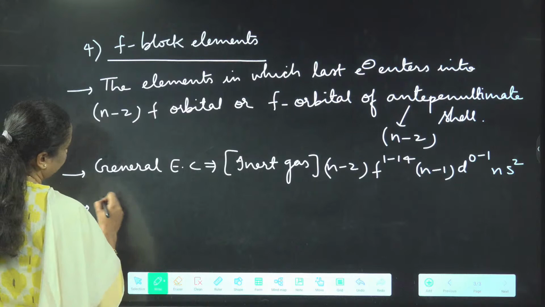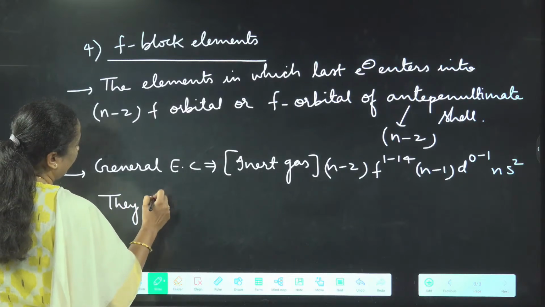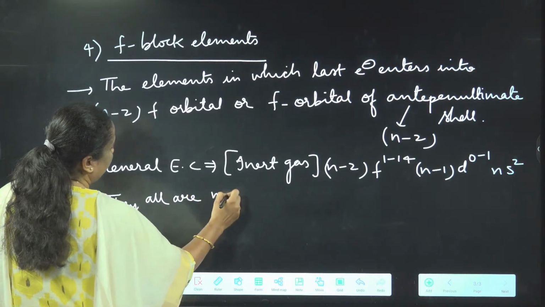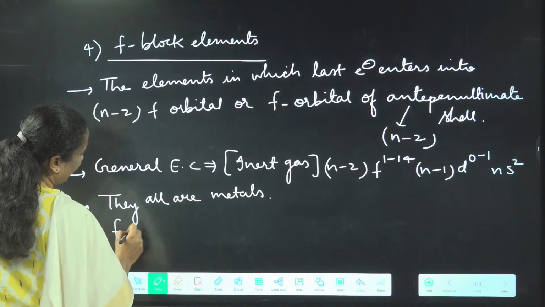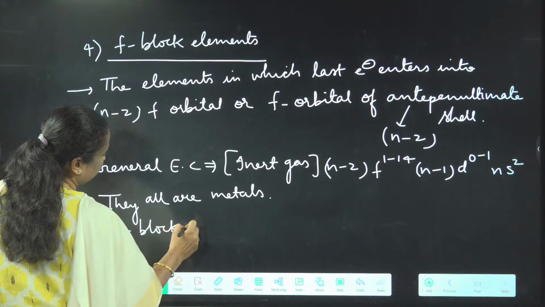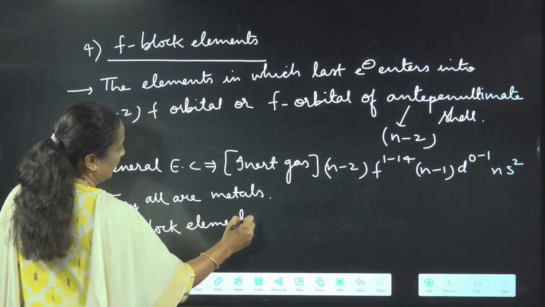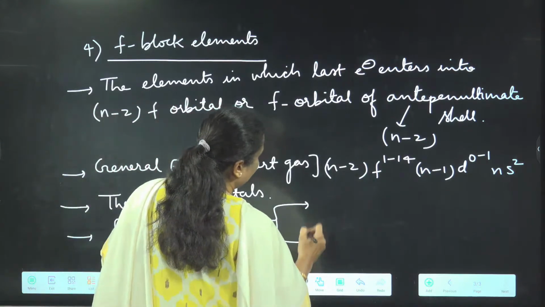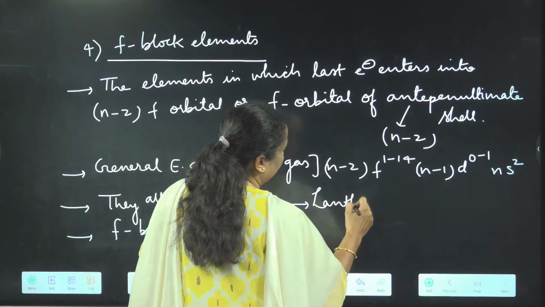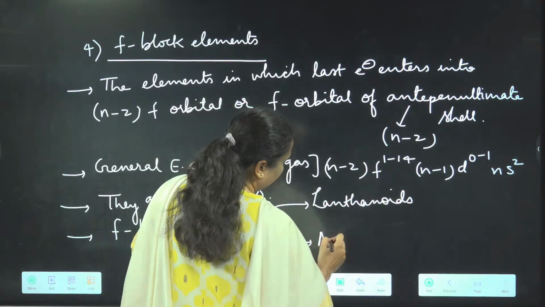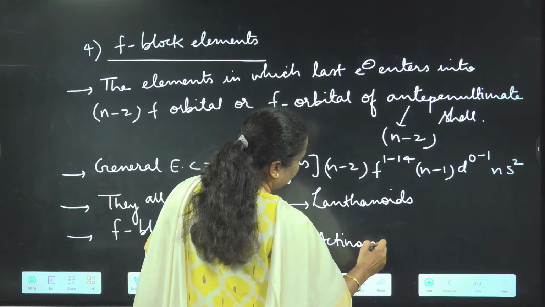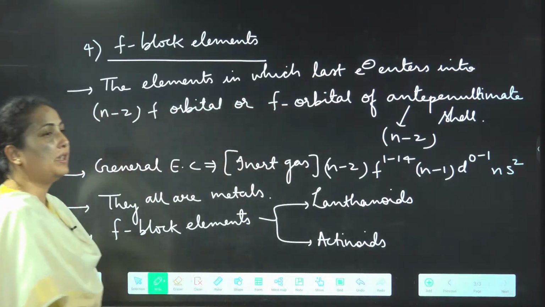And here they all are metals. F block elements can be classified into two. One is lanthanoids, which follow lanthanum, and others are actinoids, which follow actinium, right?